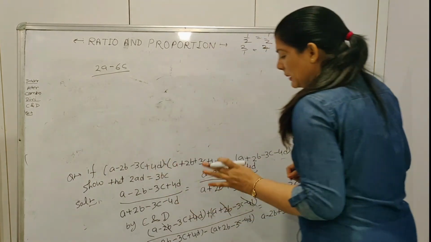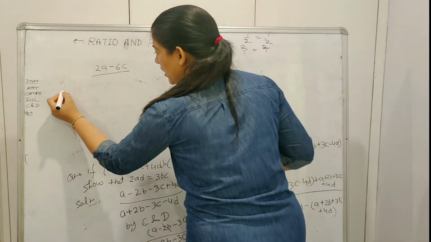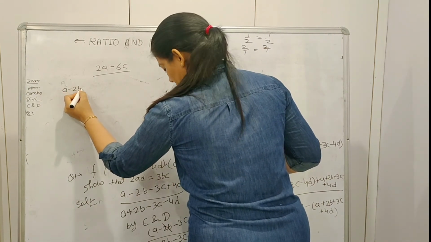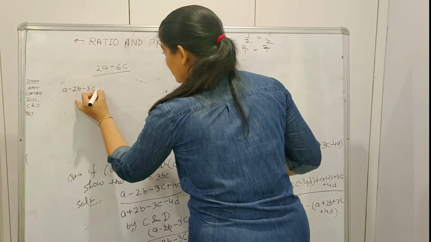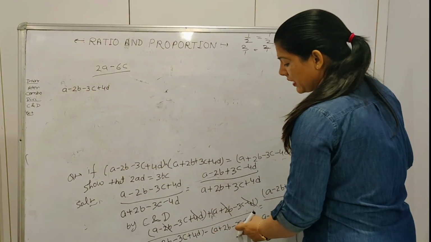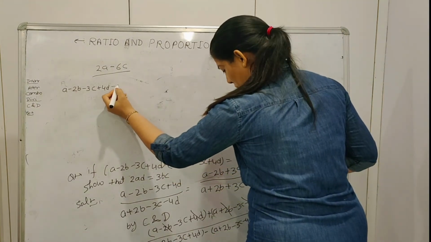But be a little careful when solving the denominator. So first change the sign. We have a minus sign before the bracket, so each term will be of opposite sign.